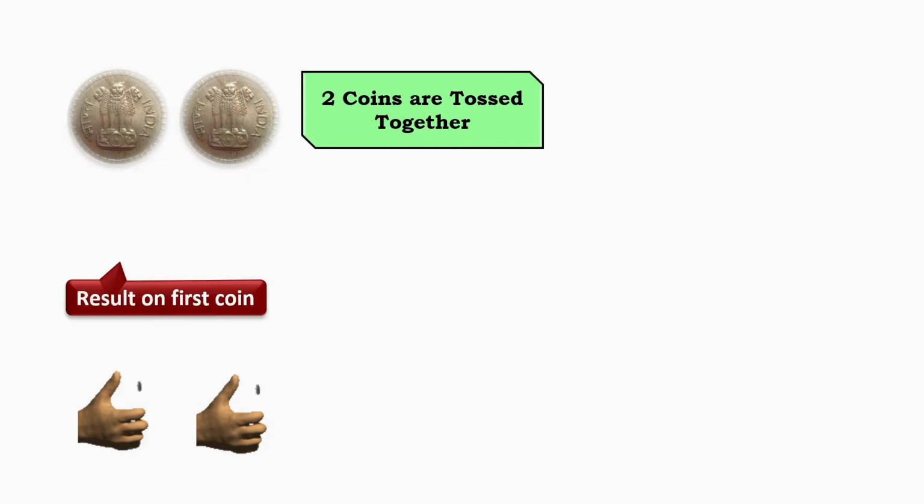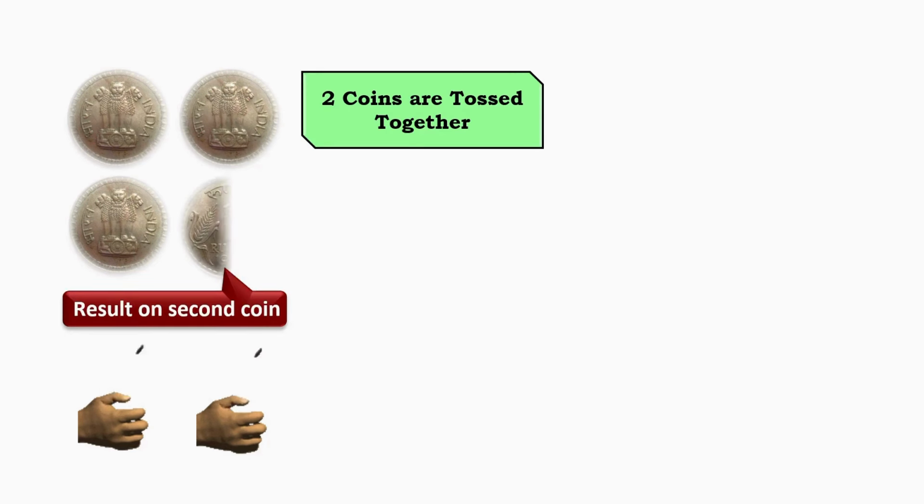And in the other possible case, whenever the result of the first coin is head, the result of the second coin can be tail, isn't it? So in one outcome we got head on both coins, and in another outcome we got one head and one tail: head on the first coin and tail on the second coin. Now, is there any other combination possible? Okay, let us take a look.